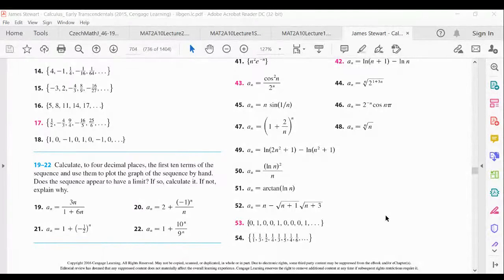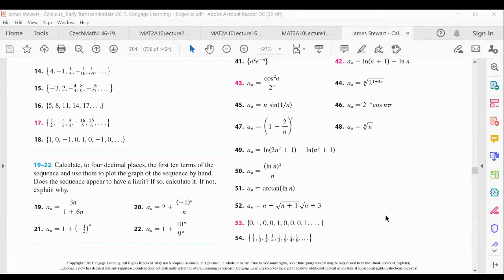On the screen at the moment, you can also see number 18, right? So 18 is 1, 0, minus 1, 0, 1, 0, minus 1, 0, 1, 0, minus 1. There you've got 3 different values that the sequence bounces between, right?